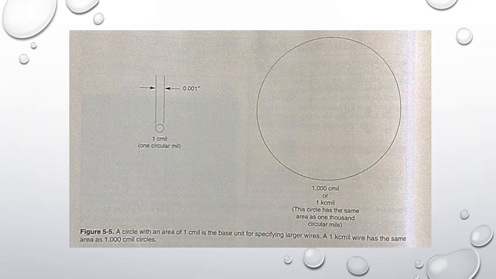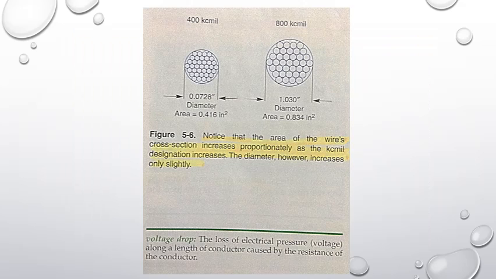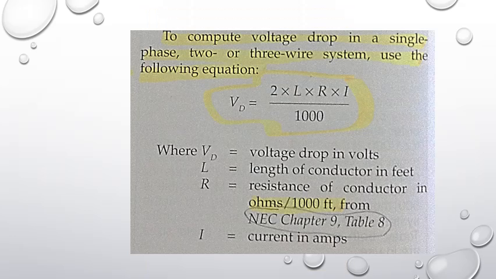Voltage drop is the loss of electrical pressure, or voltage, along the length of a conductor caused by the resistance of the conductor. Resistance increases with longer wires, smaller diameter wires, and temperature increases of the wires. On installations of great length, the voltage drop may be so excessive that a larger diameter wire is needed to compensate.